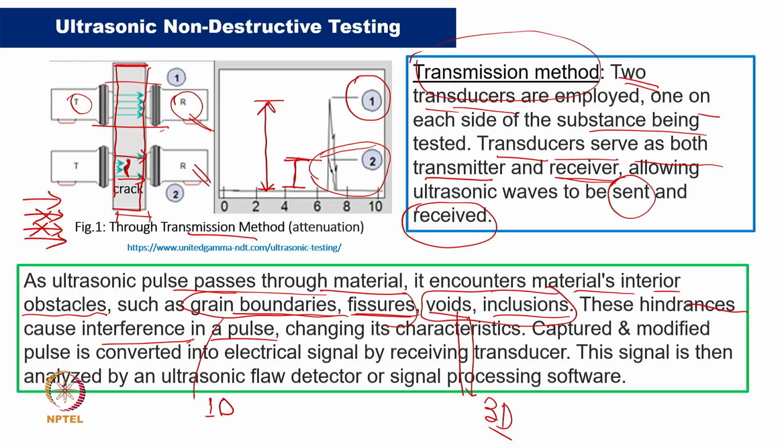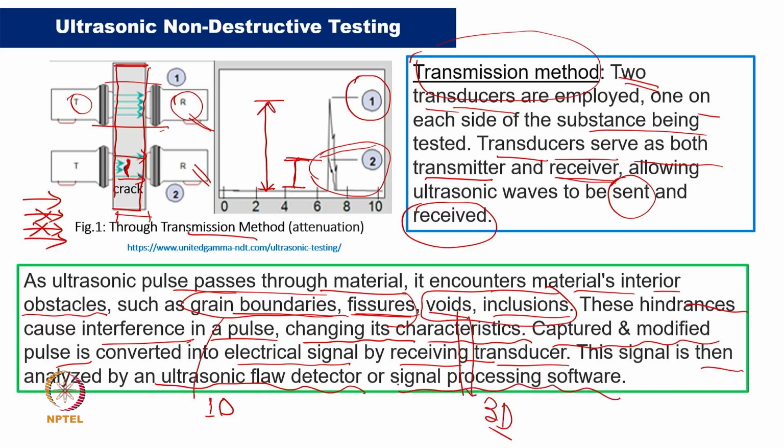So, this is what we say, that hindrances cause interference in the pulse, changing its characteristics. Whatever we are receiving at the receiving end by the transducer will be changed, and the captured and modified pulse is converted, maybe giving different signals. It will be converted to electrical signals at the end of the receiving transducer, and this signal is then analyzed by an ultrasonic flaw detector or some sort of processing software.